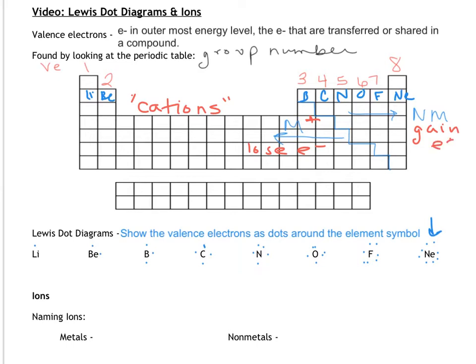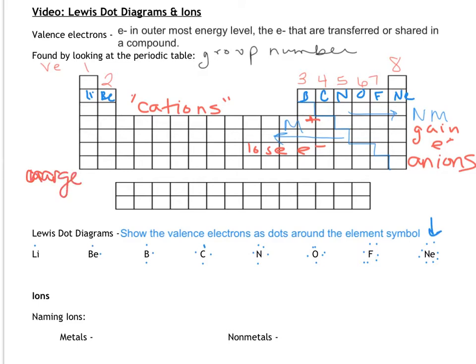They're going to become negatively charged because they're gaining negative electrons, and they are called anions. And we can show this transfer or loss or gain of electrons using our Lewis dot diagrams. When we lose or gain electrons, we end up with a charge on our atom to make an ion.